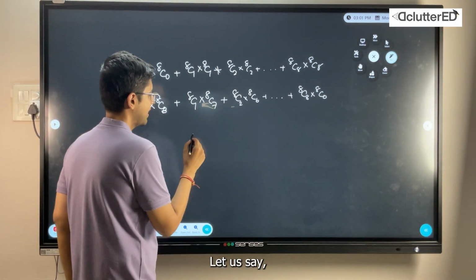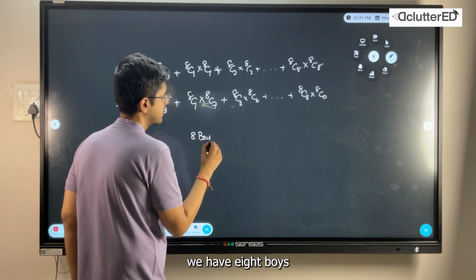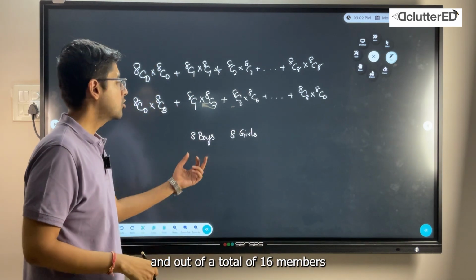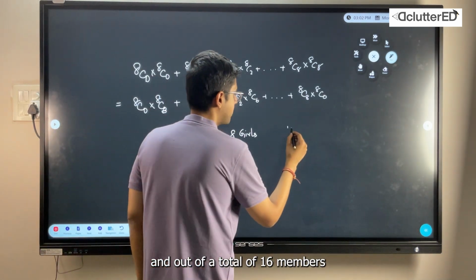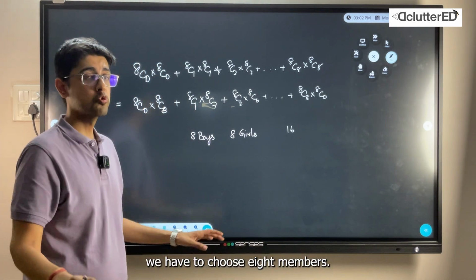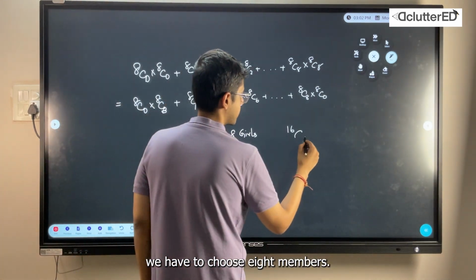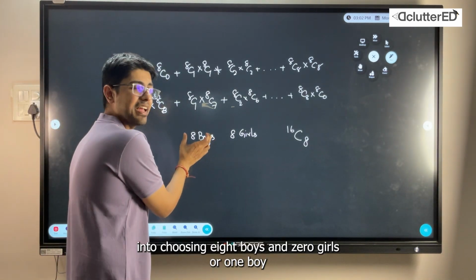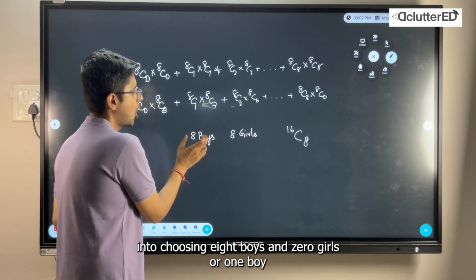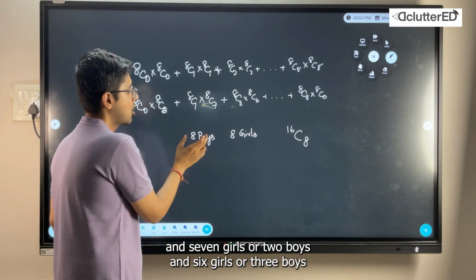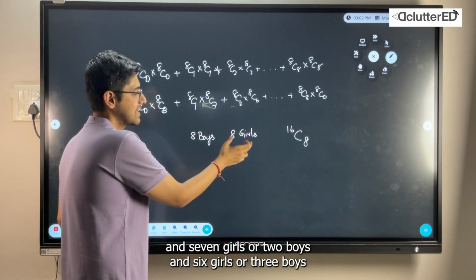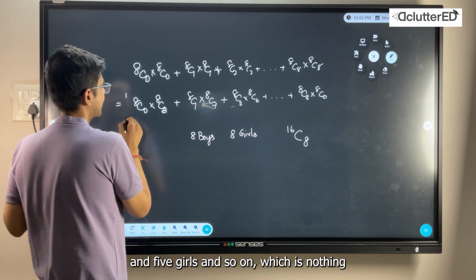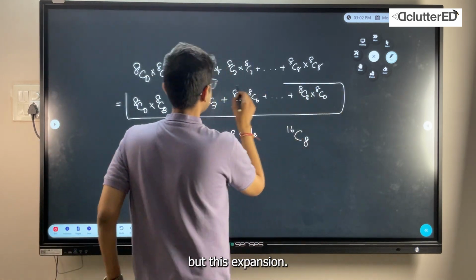Let us say we have 8 boys and 8 girls, and out of a total of 16 members, we have to choose 8 members. This can be broken down into choosing 8 boys and 0 girls, or 1 boy and 7 girls, or 2 boys and 6 girls, or 3 boys and 5 girls, and so on, which is nothing but this expansion.